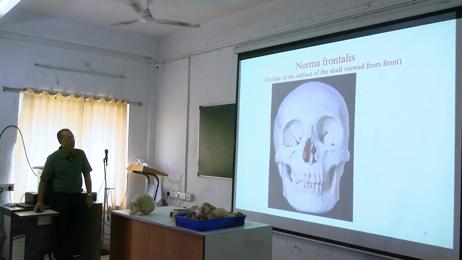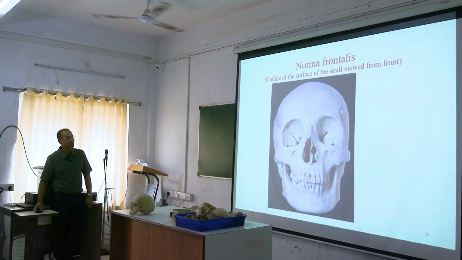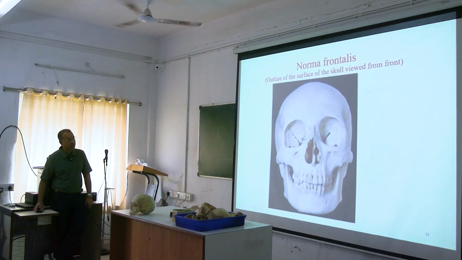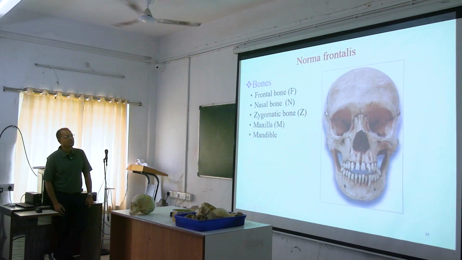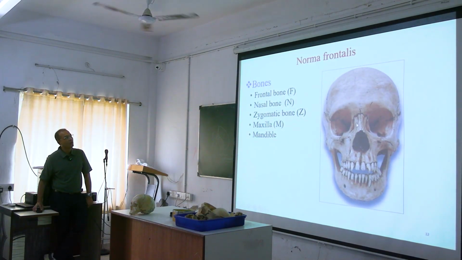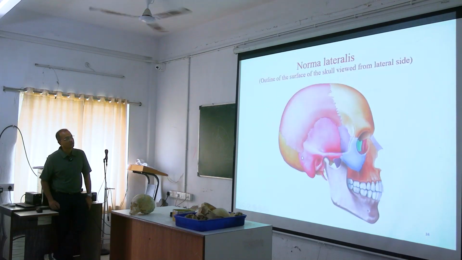Then the parietal bone is visible here. Then we have the nasal bone, the lacrimal bone, and the nasal septum, then the mandible, etc. These are the bones visible on the Norma Frontalis.